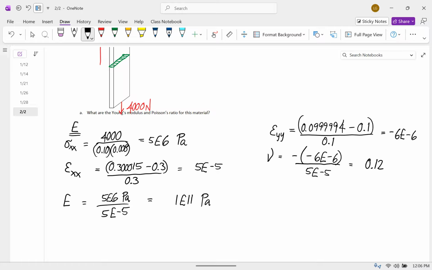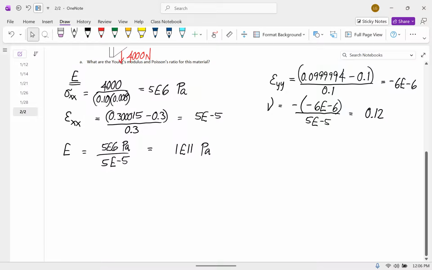Anybody have any questions about that? What equations will be given on the test? Like, are we given any equations? Yes. I guess on the test, I probably give something like this.